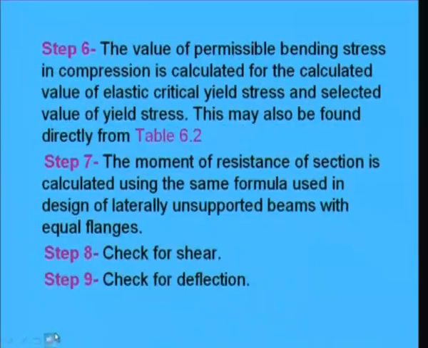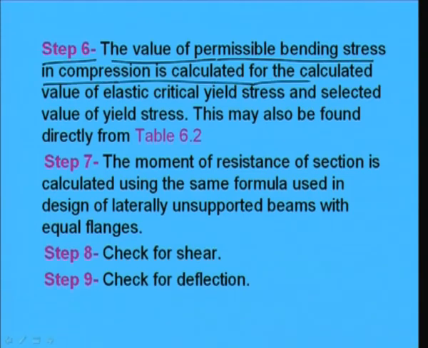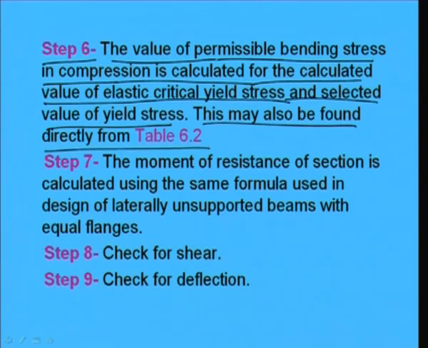In step 6, what we will do? The value of permissible bending stress in compression is calculated for the calculated value of elastic critical stress and selected value of yield stress. This may also be found directly from table 6.2. So, from table 6.2 also we can find directly the elastic critical stress and sigma bc.